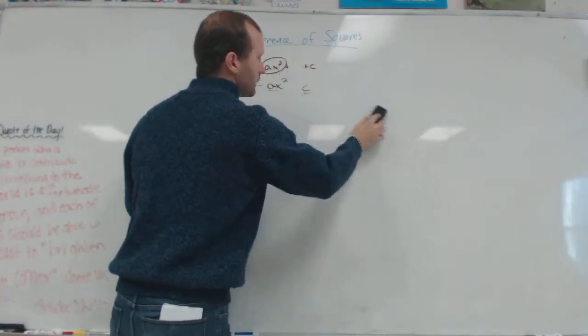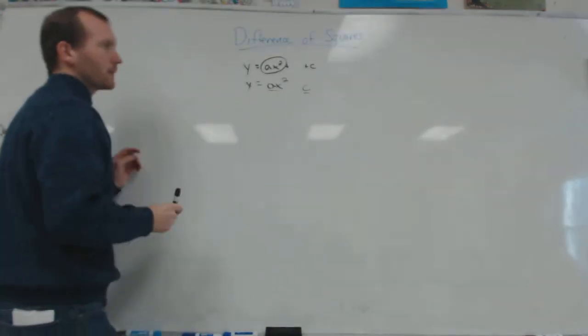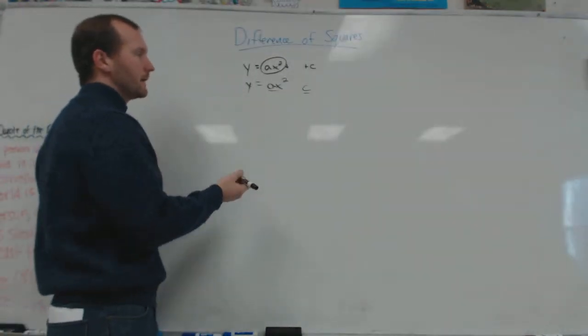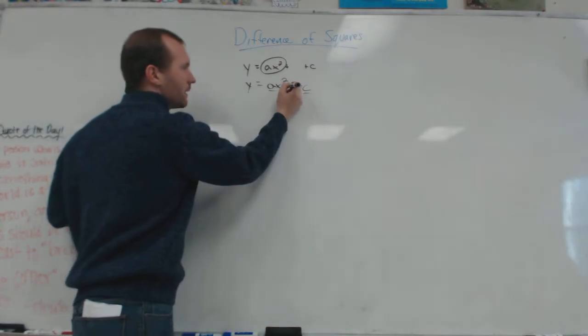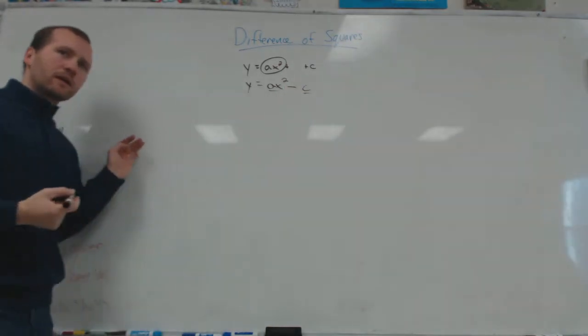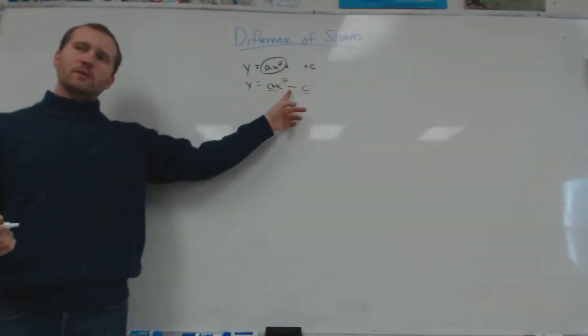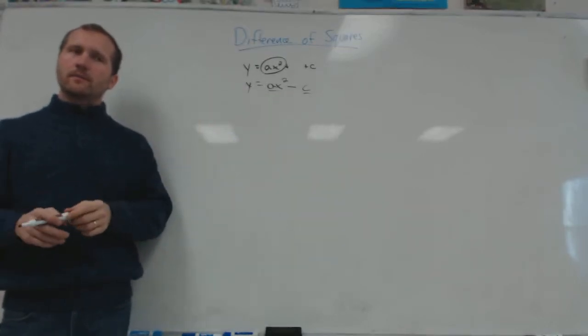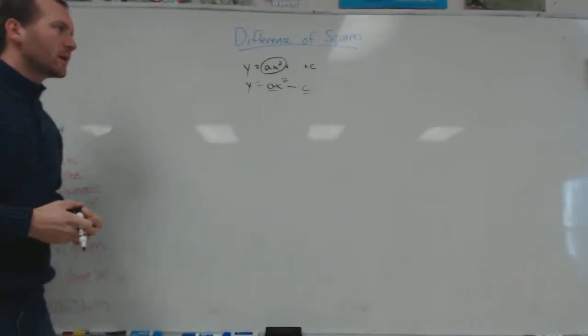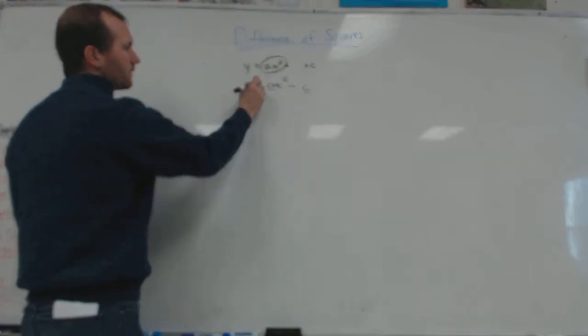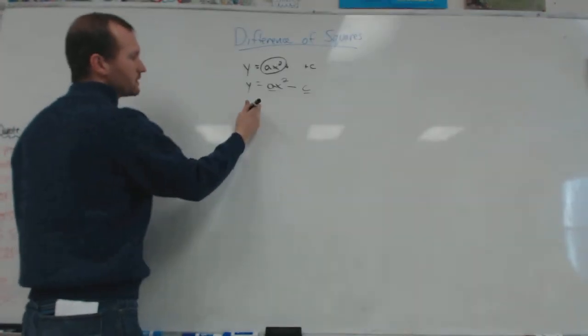Now, in order for this to work, I have to have a minus sign in here. And if we have time, we'll look at why it has to be a minus. We can kind of prove that. But I don't know if we will. So let's just start out with this.